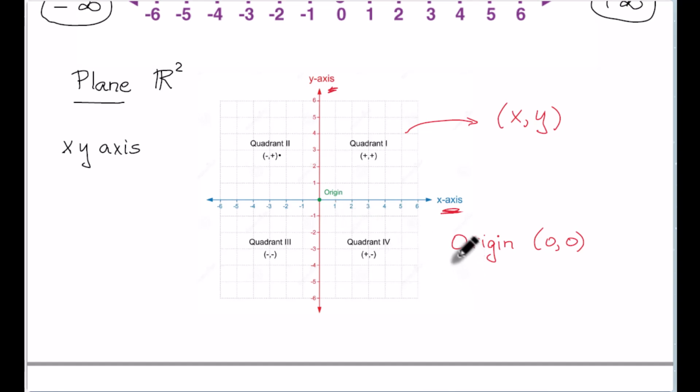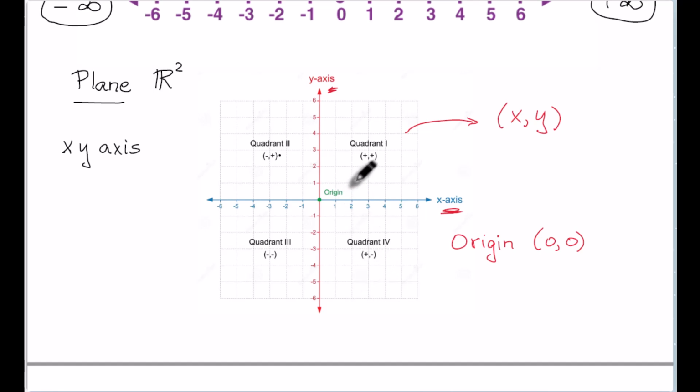Now to locate a point here, I simply move in the x direction, whether I go right or left, and then I go in the y direction, which is up and down. This little square is quadrant 1. This is quadrant 2, quadrant 3, and quadrant 4.